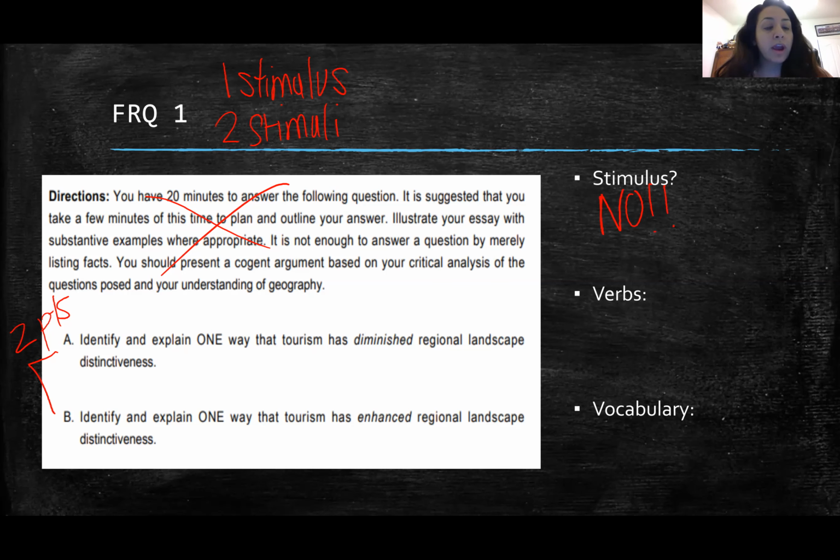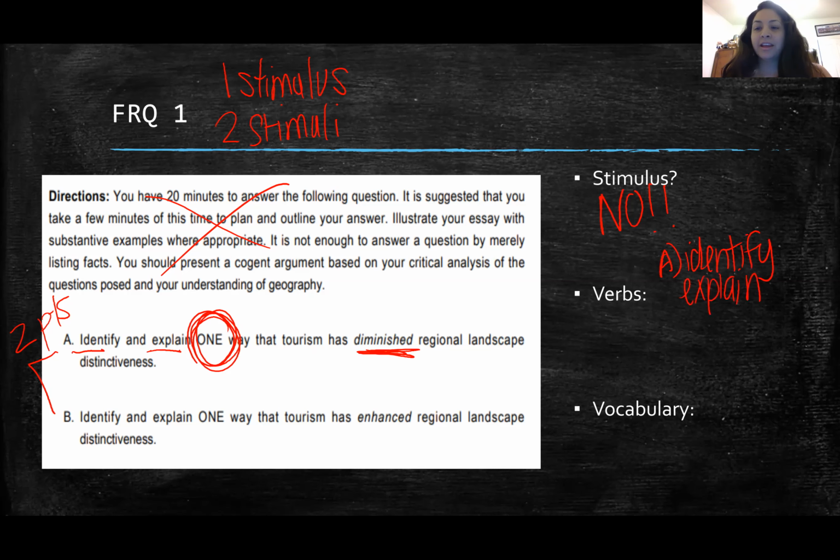Okay, letter A says identify and explain one way that tourism has diminished regional landscape distinctiveness. Do we see important verbs here? Very much so. Our verbs for letter A are identify and explain.